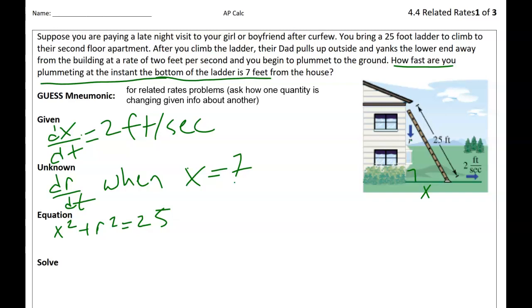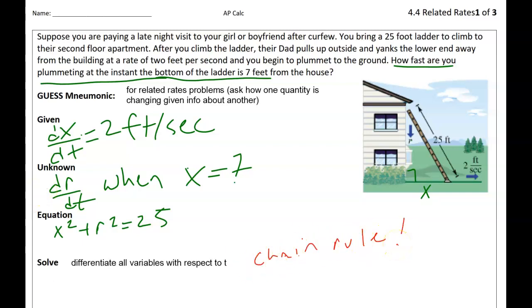Now solve. Here's where your implicit differentiation work comes in handy. The way we think of these problems is every variable is changing as time changes. That's why I wrote dx/dt and dr/dt here. They're both functions of time. So when I solve, I'm going to use the chain rule.